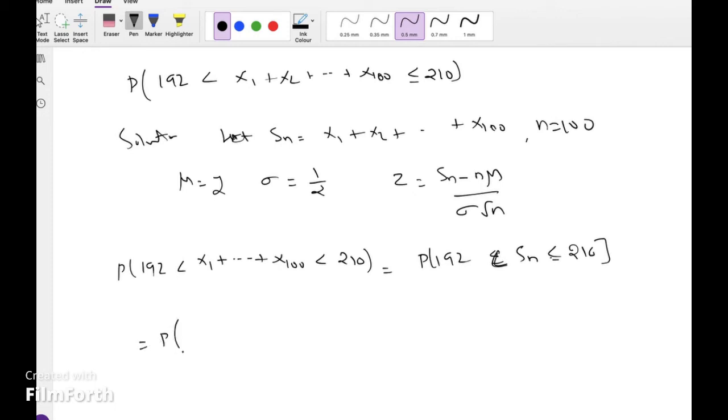That is equal to P of 192 minus n mu by sigma into square root of n less than Z less than 210 minus n mu by sigma into square root of n.